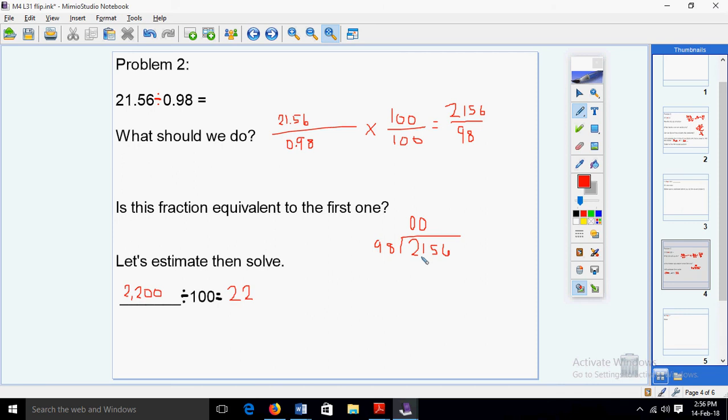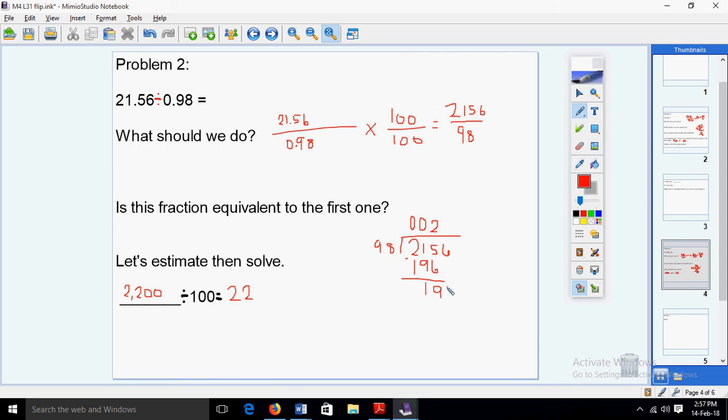It's okay if you want to write out 98 times 2, 98 times 3, 98 times 4 to figure out what the answer is, but I know that 98 times 2 is going to give me 196, which is still under 215. So I'll subtract this, and I'm going to get 19.